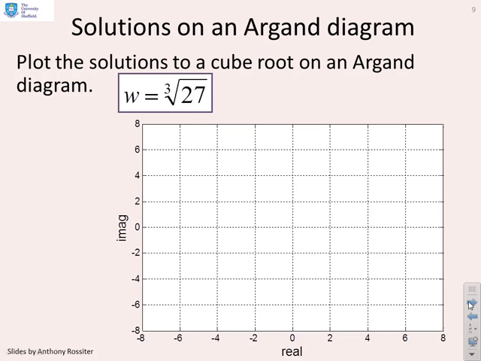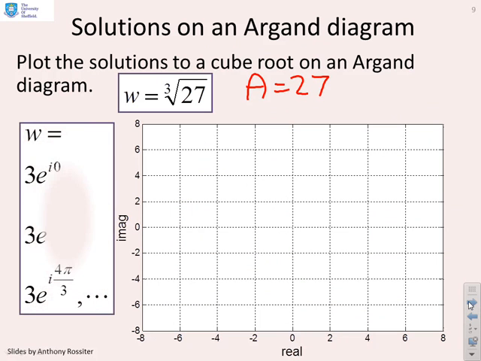Now let's put these answers in an Argand diagram just to see what they look like. So I'm going to do w equals the cube root of 27. In essence, all I've done here is I've said that a equals 27. So if I use the previous page working, then you find that the solutions are 3 e to the i0, 3 e to the i 2 pi by 3, or 3 e to the i 4 pi by 3.